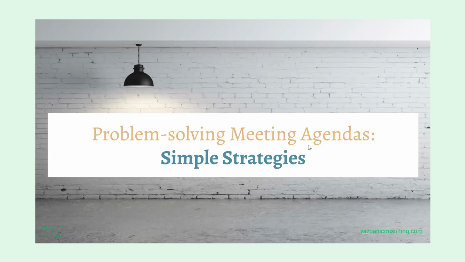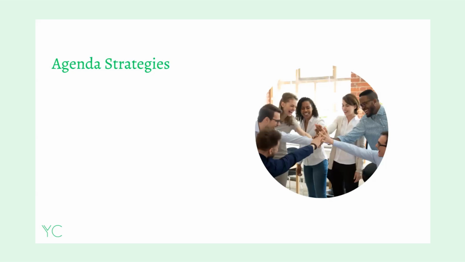So let's discuss some simple strategies for creating and using problem-solving meeting agendas. To create a more collaborative team environment and support transparency, ask your team for input as you develop the agenda. What topics should we cover and discuss?